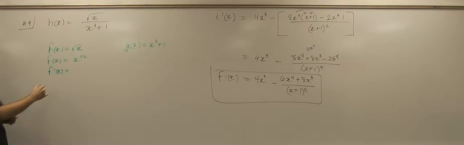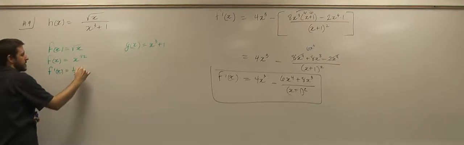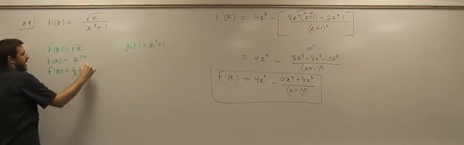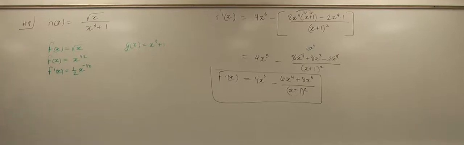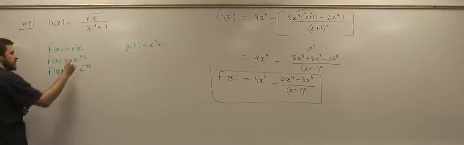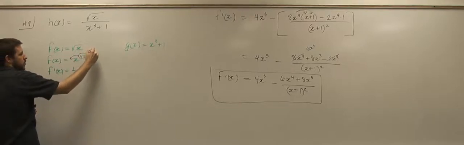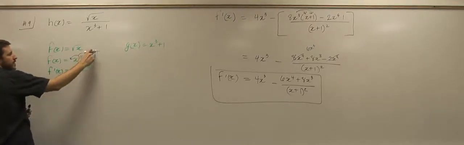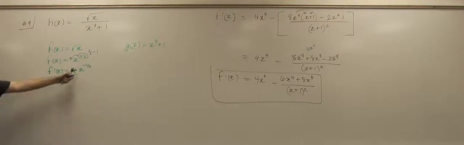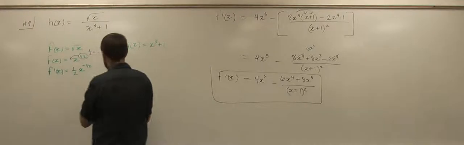The 1/2 comes down, and then it becomes x to the negative 1/2 because you have to subtract 1. 1/2 minus 1 is negative 1/2.